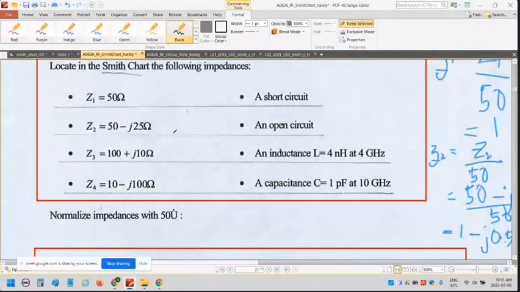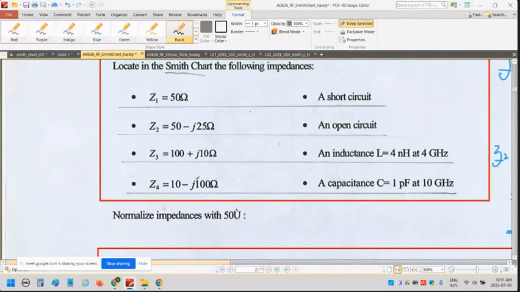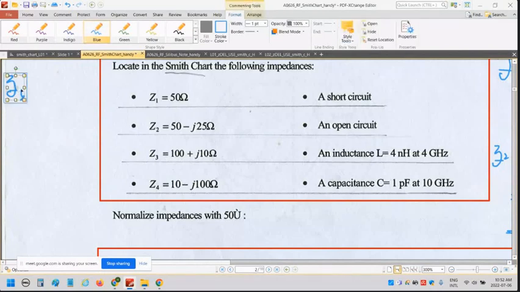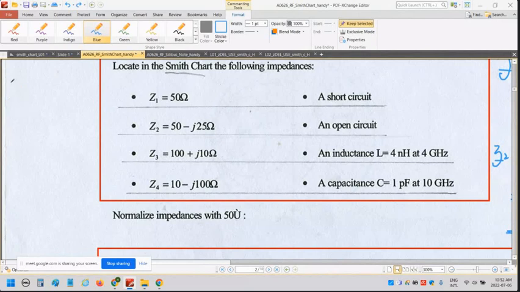Next, Z3. How do you locate Z3? It is the same procedure. You need to normalize, so you should use a small z. Capital Z3, when you want to normalize, divide by 50.